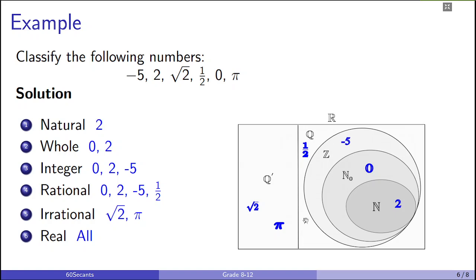All of them are rational numbers. Then inside the integers, we're going to see that we have a negative 5, a 0, and a 2. And then when we go inside, we're going to see that we have natural numbers and whole numbers, which are just the 0 and the 2.